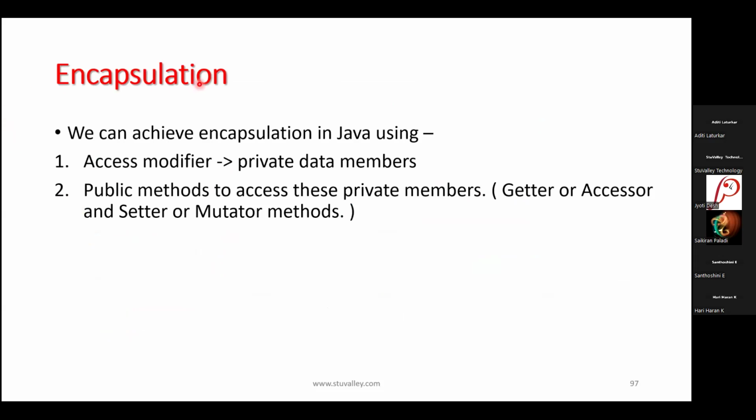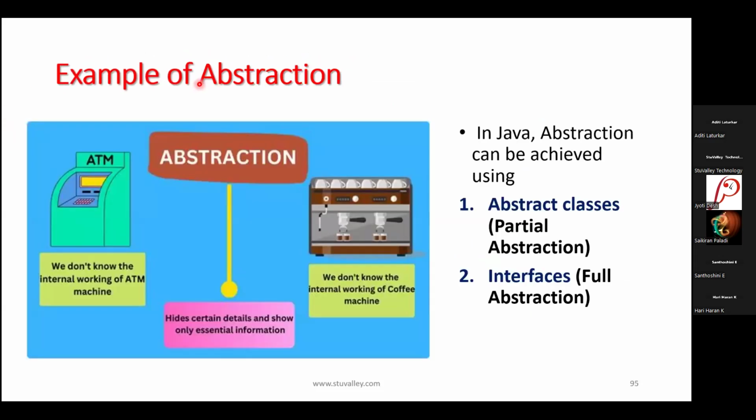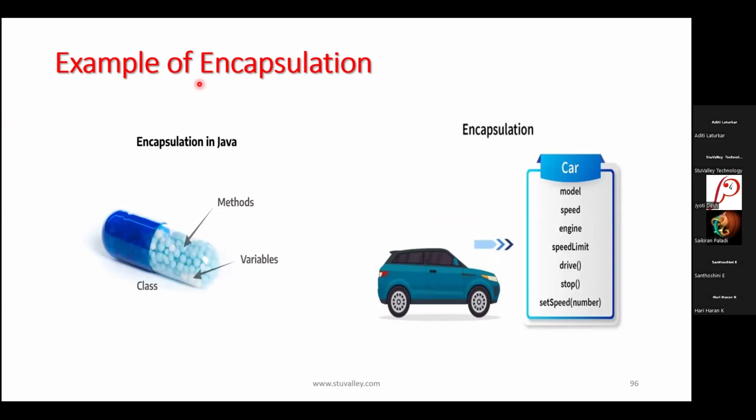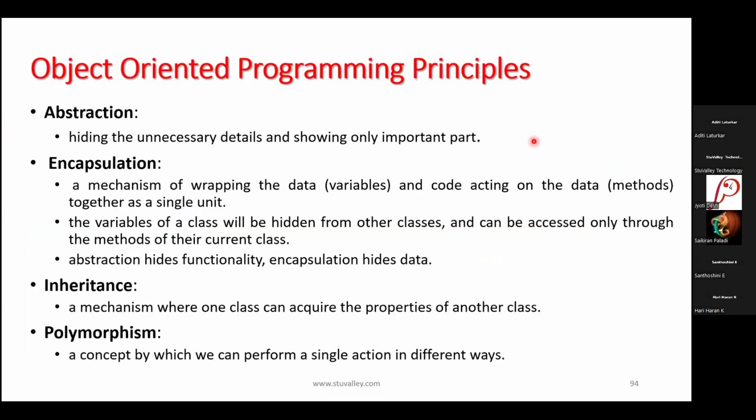From that, first, encapsulation is nothing but encapsulating methods and variables in a class. Encapsulation is used to hide the data, wrapping up data and code together, as well as hiding the details from other classes. We are hiding the details to provide security to members of the class, and they can be accessed through the methods of the current class.